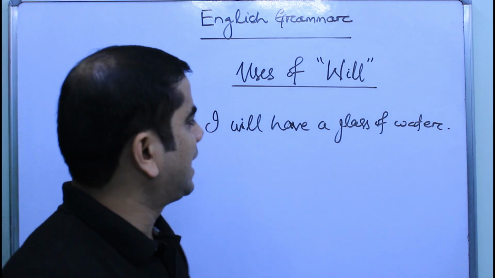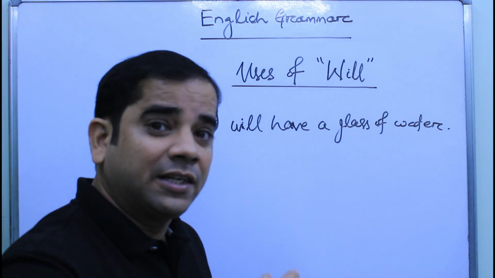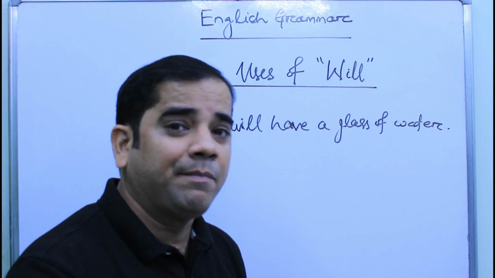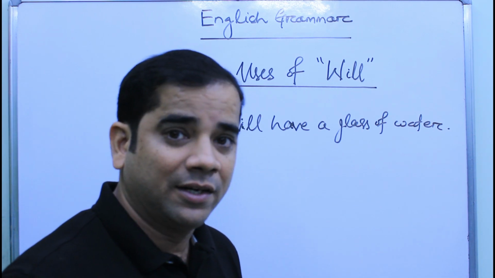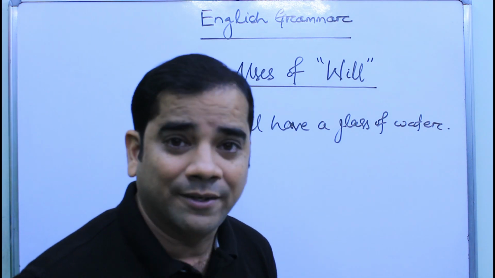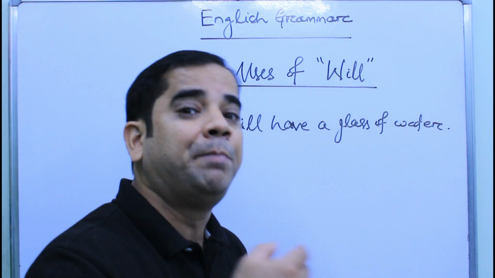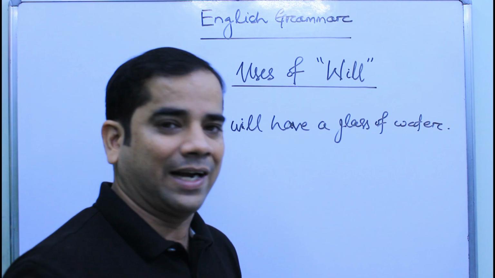Having a glass of water is an action in future. For example, I am giving you a lecture now and suddenly I feel that I should have a glass of water. So I can say I will have a glass of water. This is the decision which I make while I am speaking. So I should use will in that case.